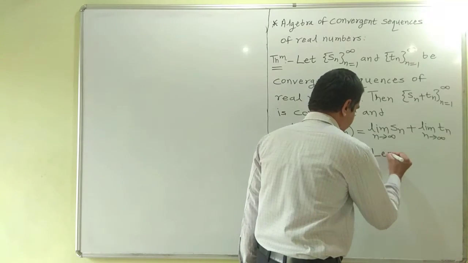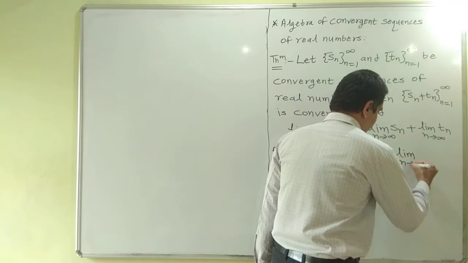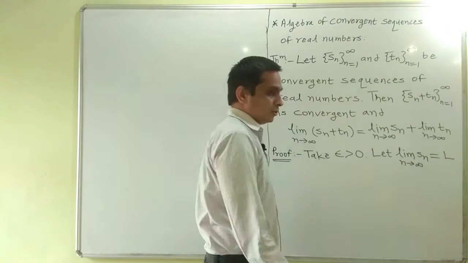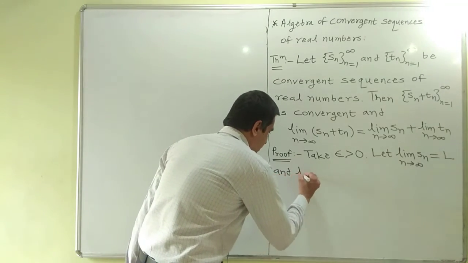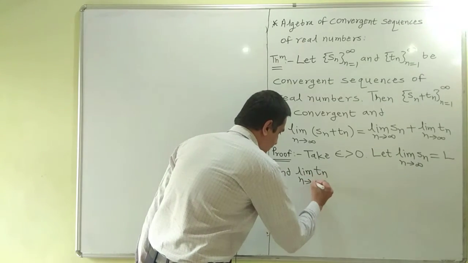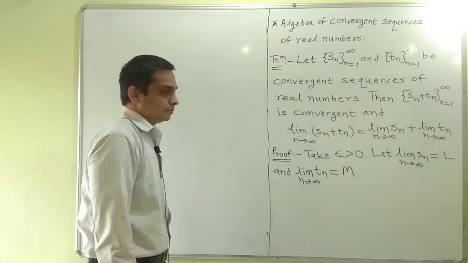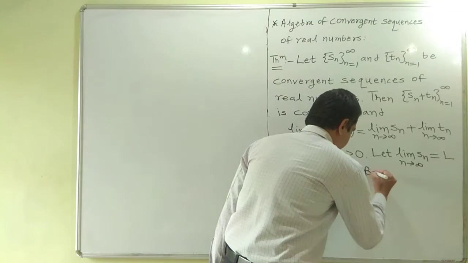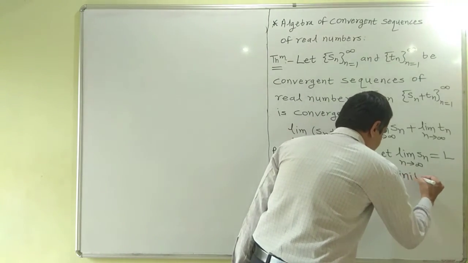Let limit of Sn as n tends to infinity equal L, and limit of Tn as n tends to infinity equal m.